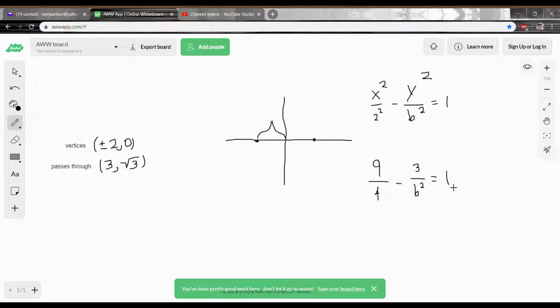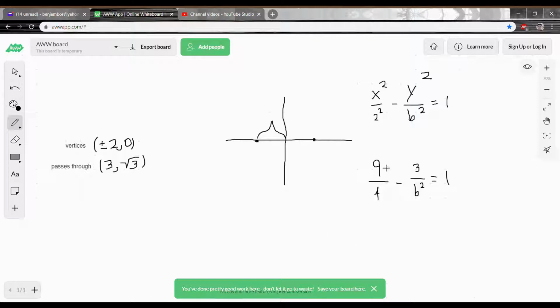Having our variable in the denominator is kind of annoying to work with, but if we take the product of this denominator and this denominator and multiply the whole equation by that, it's going to make our process simpler. So we're going to multiply the entire equation by 4b squared.